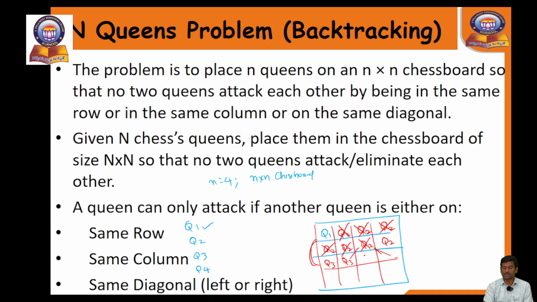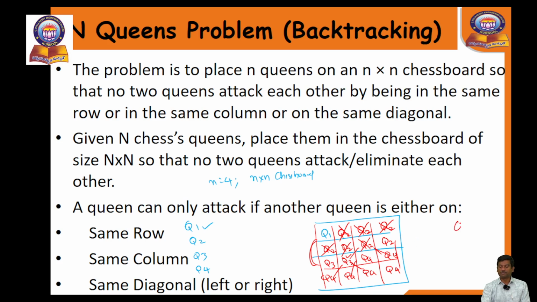Queen 4 cannot be placed here, because queen 3 comes under attack with queen 4, and queen 4 cannot be placed there because queen 2 and queen 4 come under attack.